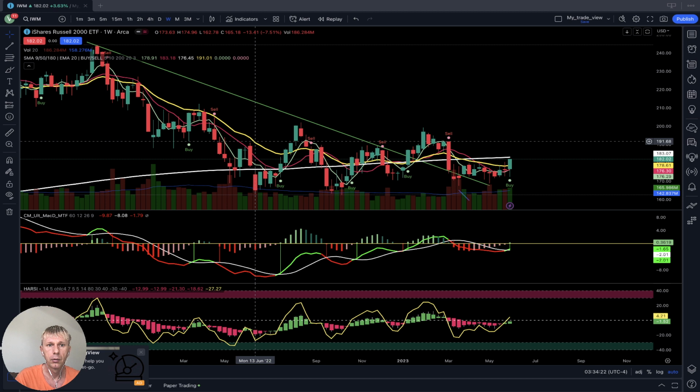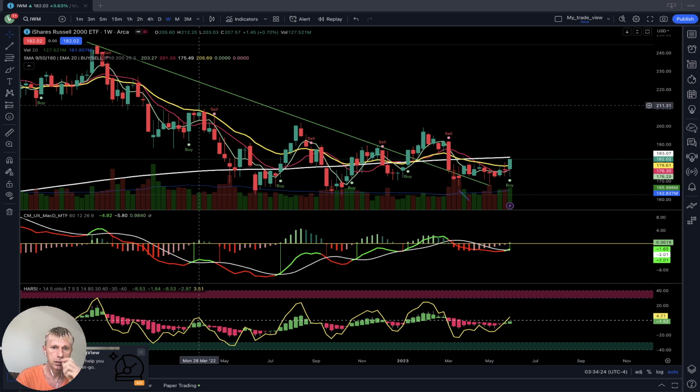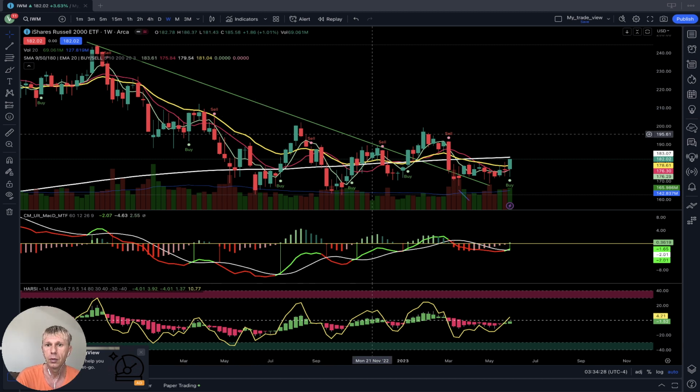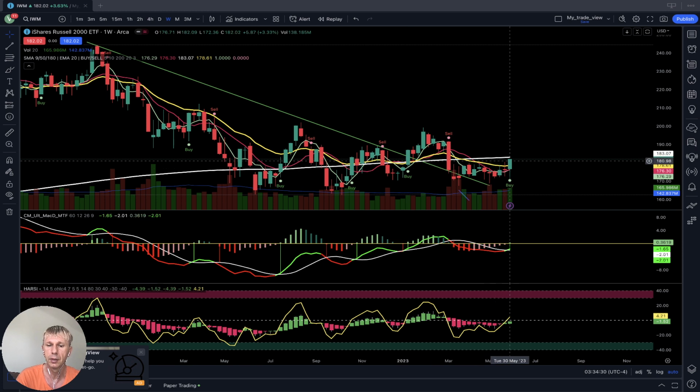Let's move to IWM, even weakest, right? Weaker. Look at it. This is the March. This is the August 2022, and now it is below 200. MA5, 10 and 20 below 200. It is bearish territory. Even green bar was last week. It was very green bar, nice bullish reversal, buy signal. MA5 did bullish crossover over 10.